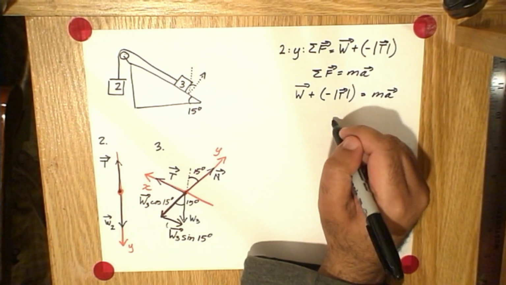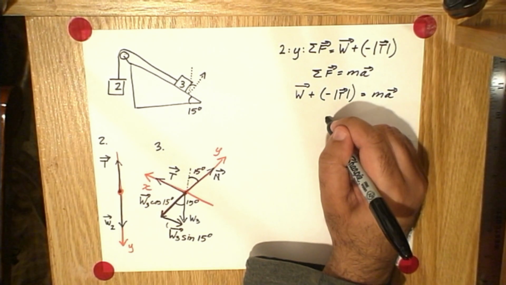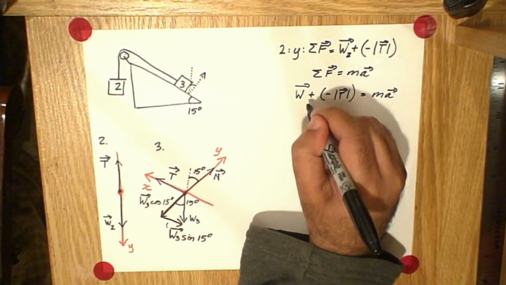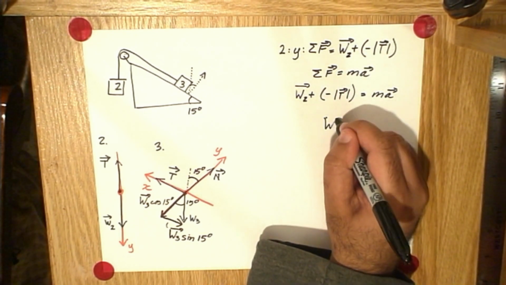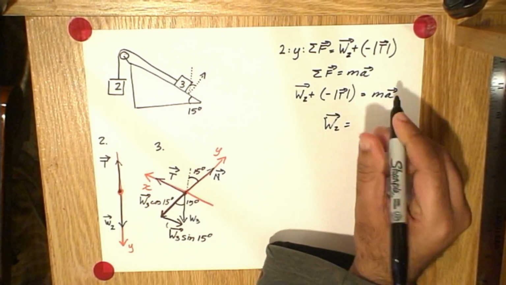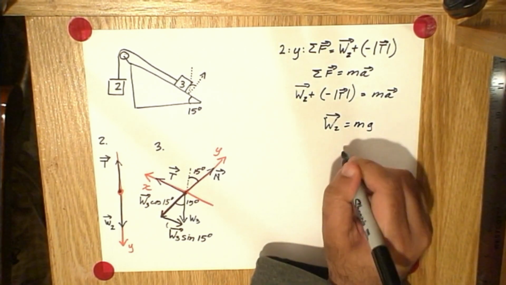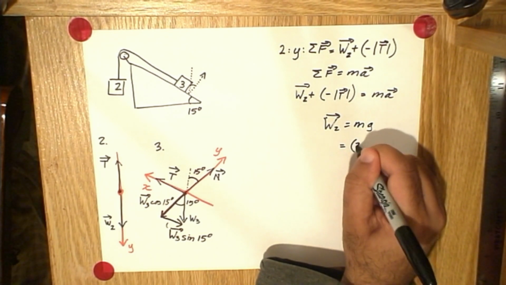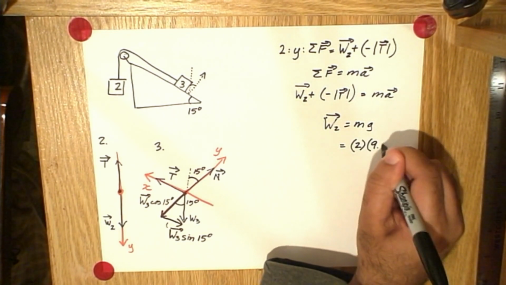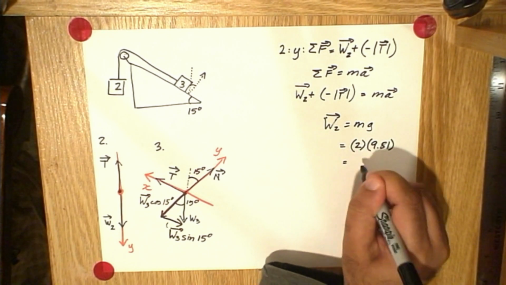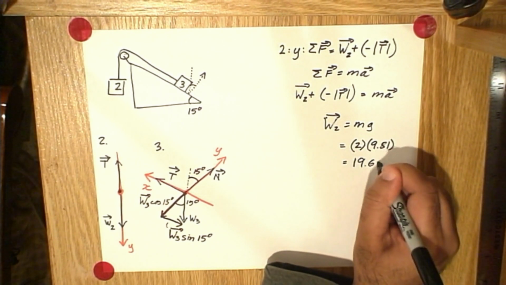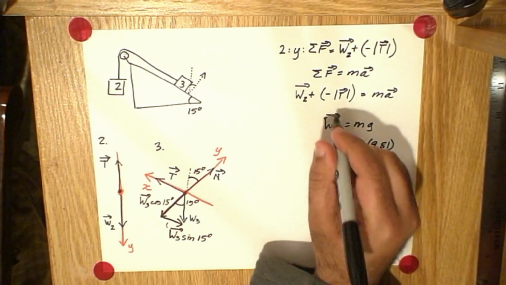So how big is the weight? This is the weight of the 2 kilogram object. The weight of the 2 kilogram object is given by mg, which is equal to mass 2 times gravity, 9.81, which is equal to 19.62 newtons.